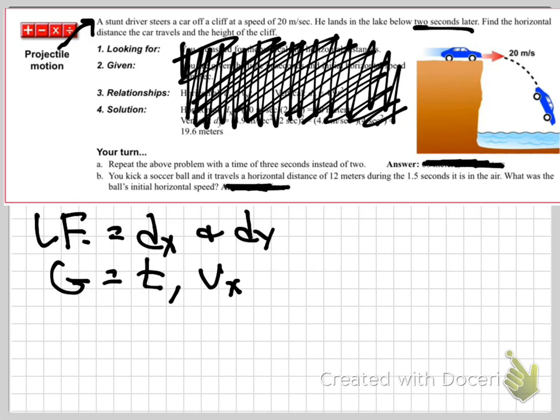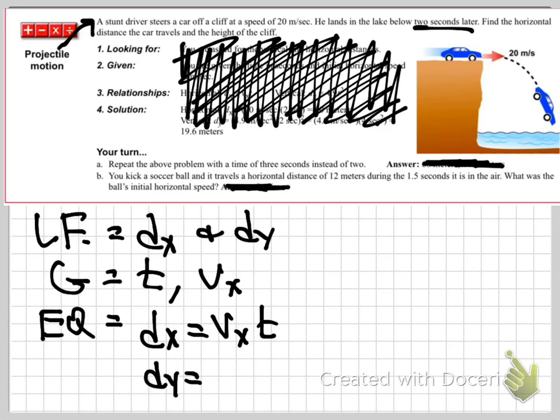So our equations, our relationships that we wrote down earlier: since we are looking for dx, we're going to be using that equation. dx equals Vx times t. And also, we need our vertical distance. Well, that's going to be dy equals 4.9 t squared. Okay?